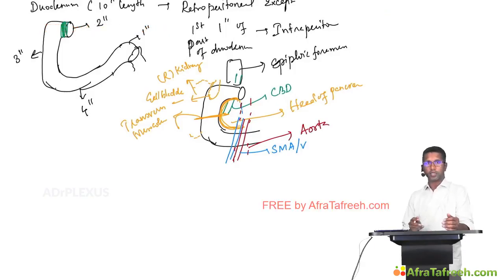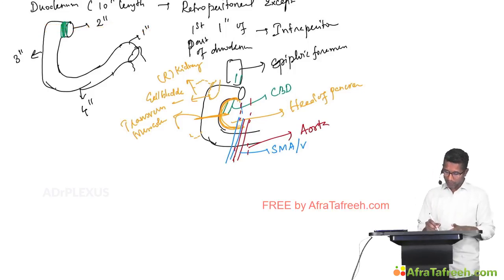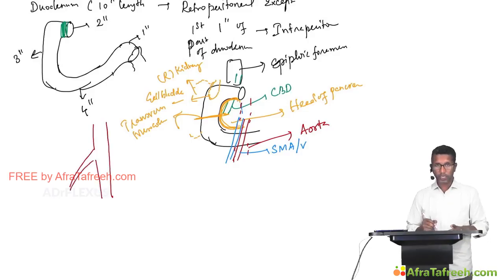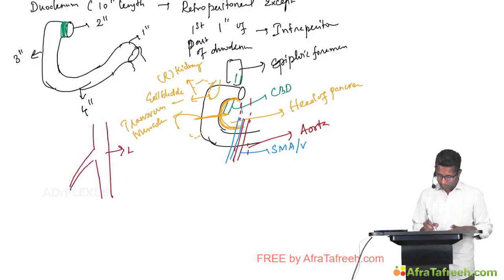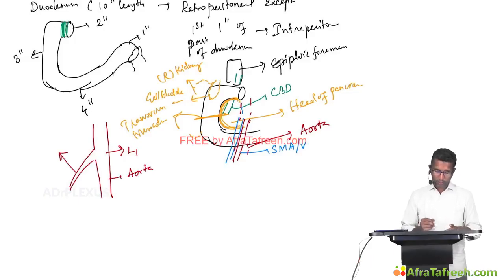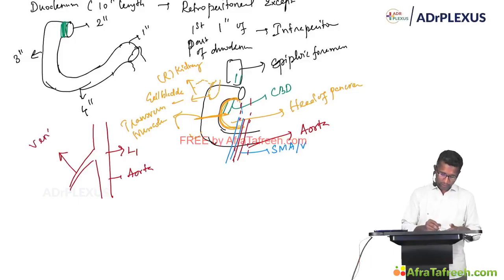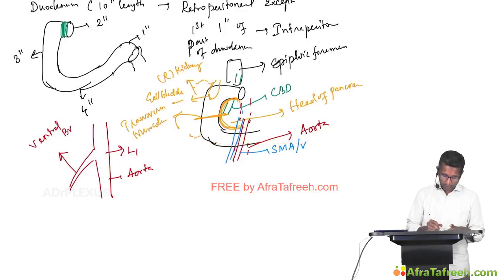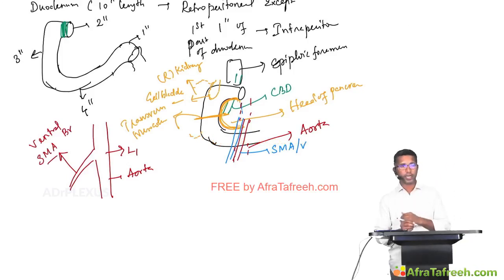If I want to draw a section from the side, if this is the abdominal aorta, from the abdominal aorta you get an artery which is coming to the intestine at the level of L1. This artery, which is arising from the aorta on the ventral aspect, is a ventral branch running to the small intestine; it is nothing but the superior mesenteric artery.